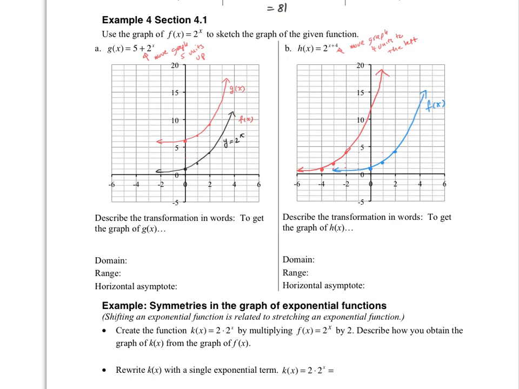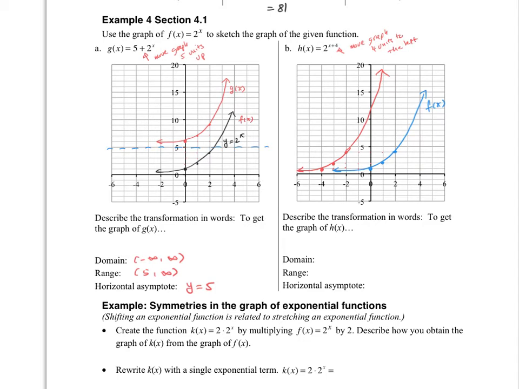So the domain of g is still going to be from minus infinity to infinity, but the range, since you move it 5 units up, now it's going to go from 5 to infinity, and the horizontal asymptote is going to be y equals 5, which will be this line right here.